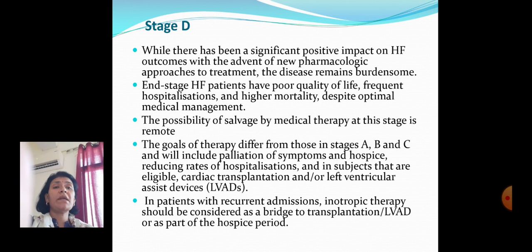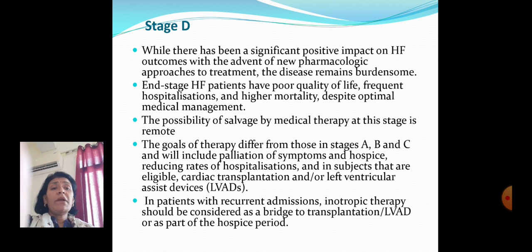Now coming to stage D. While there has been a significant positive impact on heart failure outcomes with the advent of new pharmacological approaches to the treatment, the disease still remains burdensome. End-stage heart failure patients have poor quality of life, they have frequent hospitalization history, then higher mortality despite the optimal medical management.